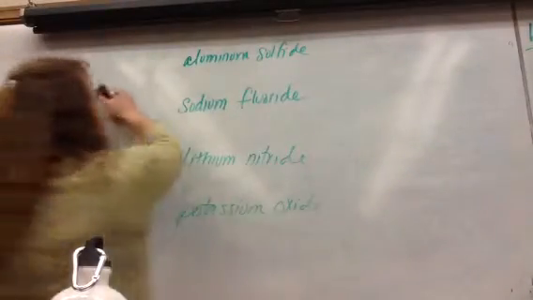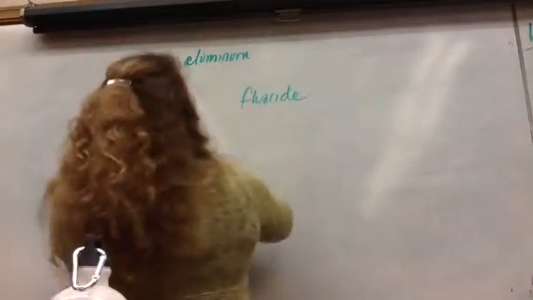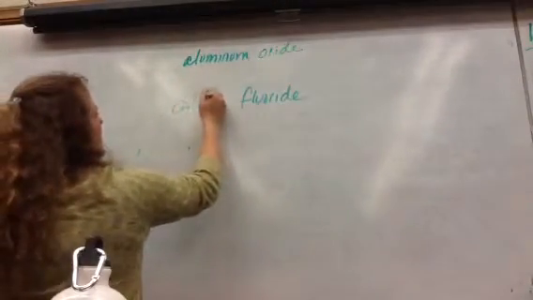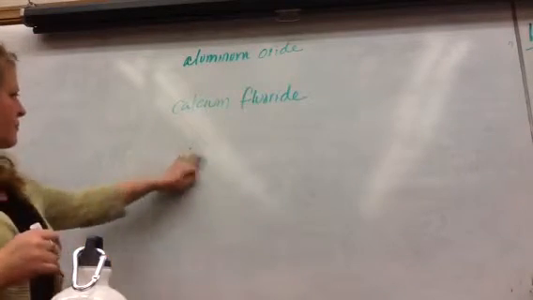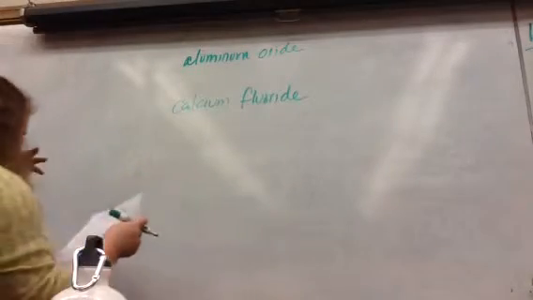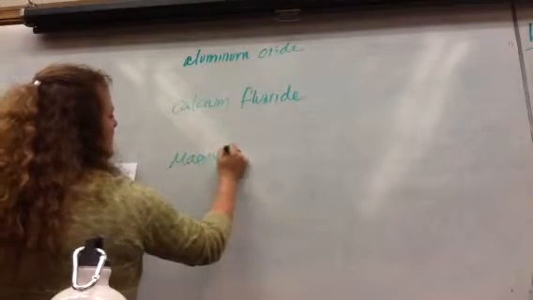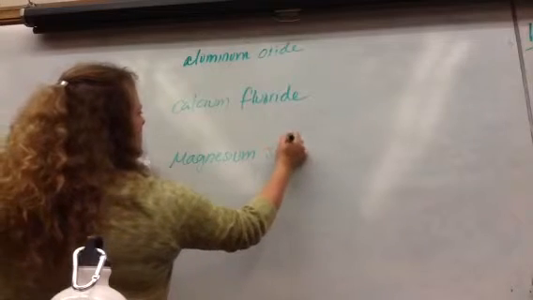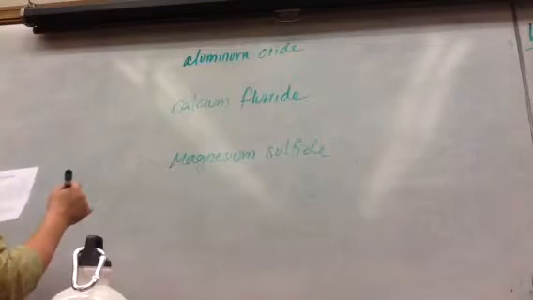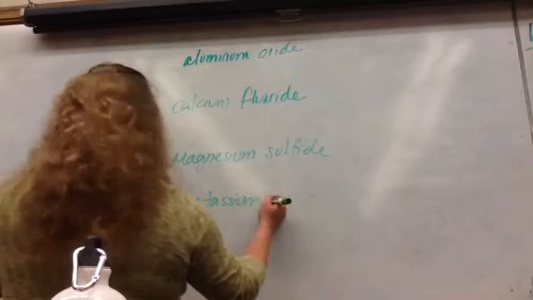So, if I give you aluminum oxide and calcium fluoride, you write the formulas, and I will give you magnesium sulfide and potassium bromide.